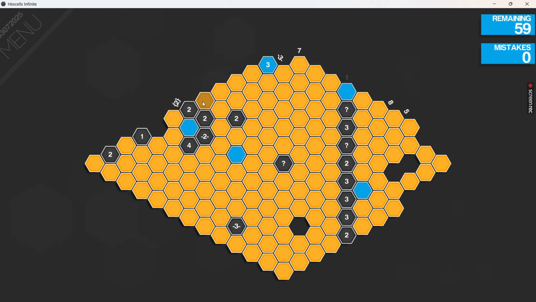So this one is on, this one's off. These would be off. One of these would have to be on. If this one is off, then either this one would be on, or this one would be on, or both of these would be on.